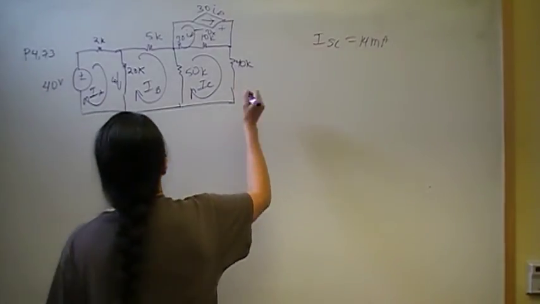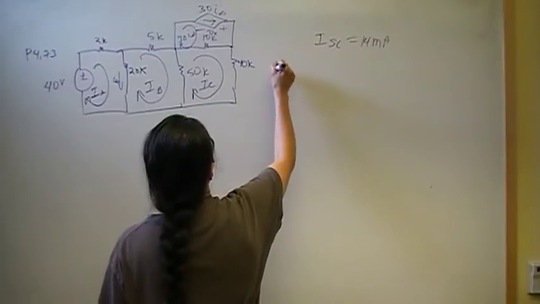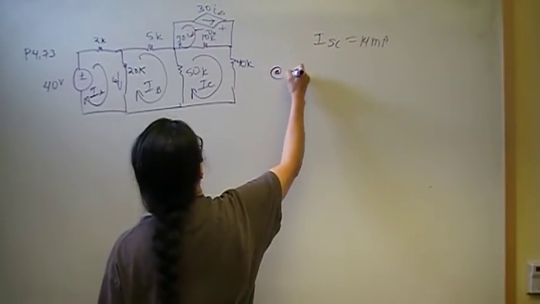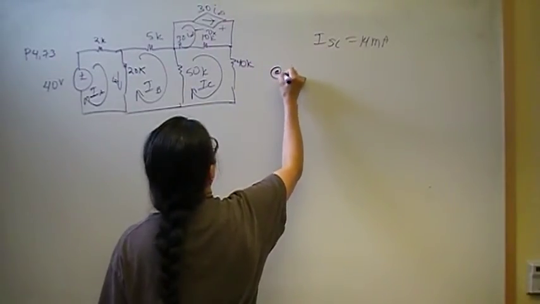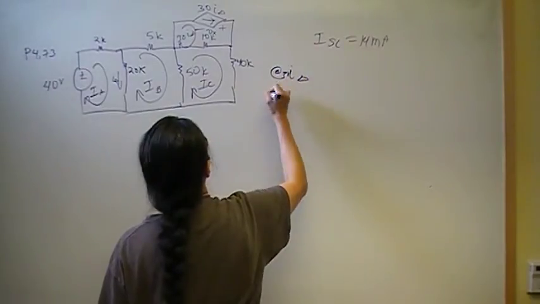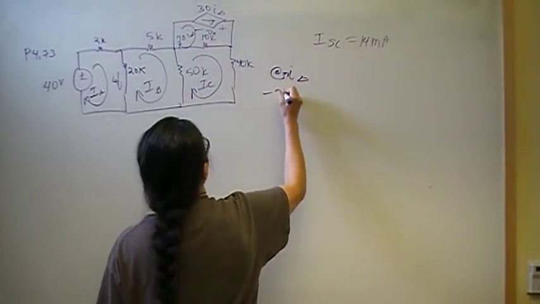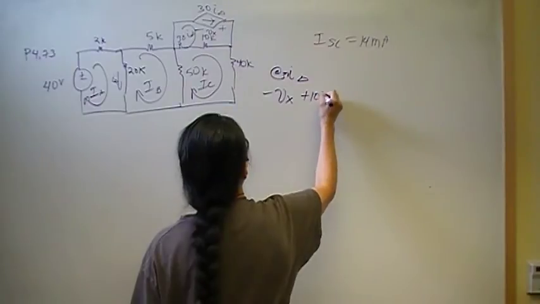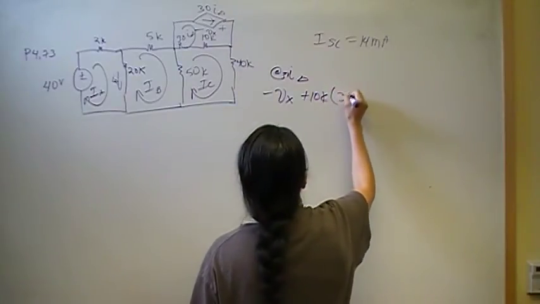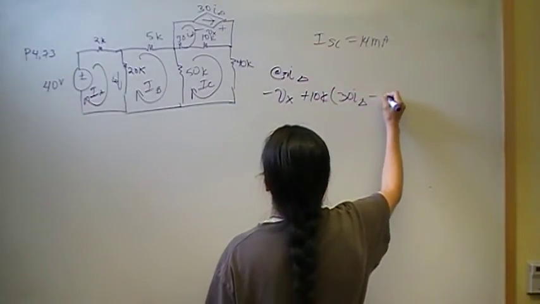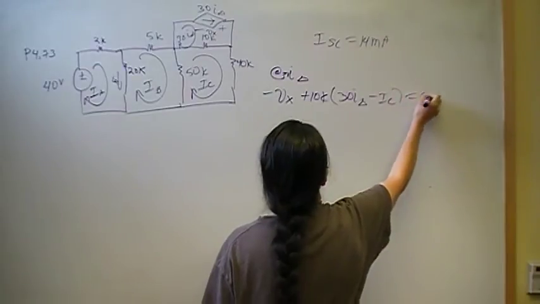So let's go ahead and redo this. At mesh 30, I delta is going to give me minus Vx plus 10K times 30 I delta minus IC, and that is equal to 0.